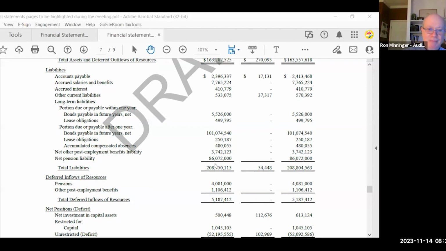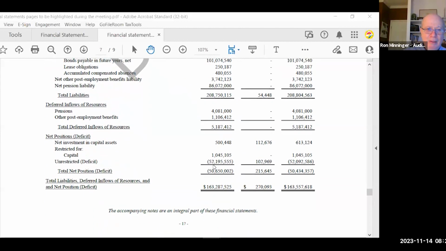That is the district share of PSERS' liability. Now, because that number is so high, it creates a negative net position of $50 million. And this is the case with all the districts. There is just one exception, but it's not a district, it's a VOTEC, where that number doesn't go negative.